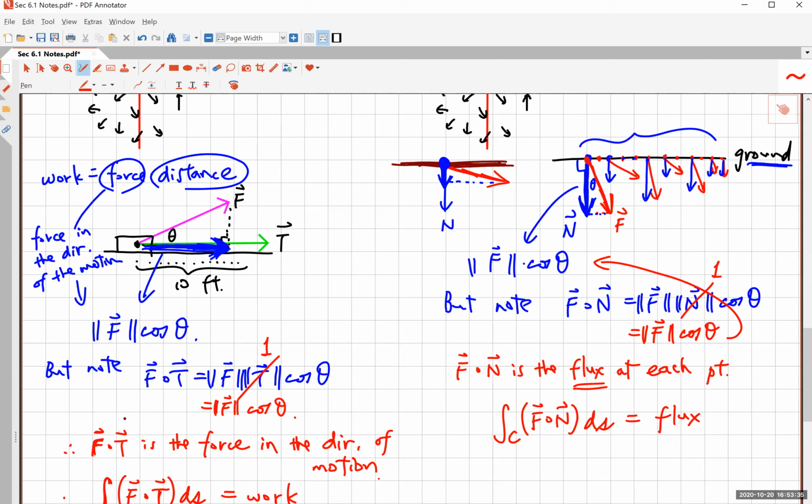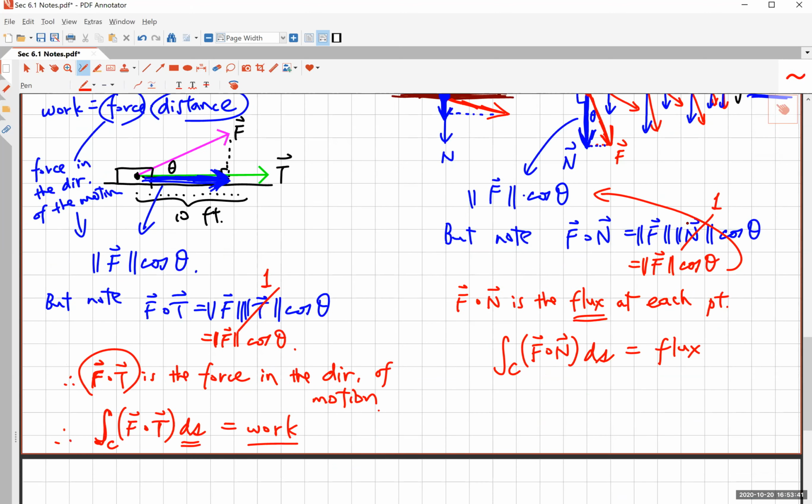When you integrate F dot T, where T is the unit tangent vector, you get the work done by the vector field along the path C. When you integrate F dot N, then you get the flux, which is the penetration of this object or the energy or fluid across that curve C from one side of C to the other one.